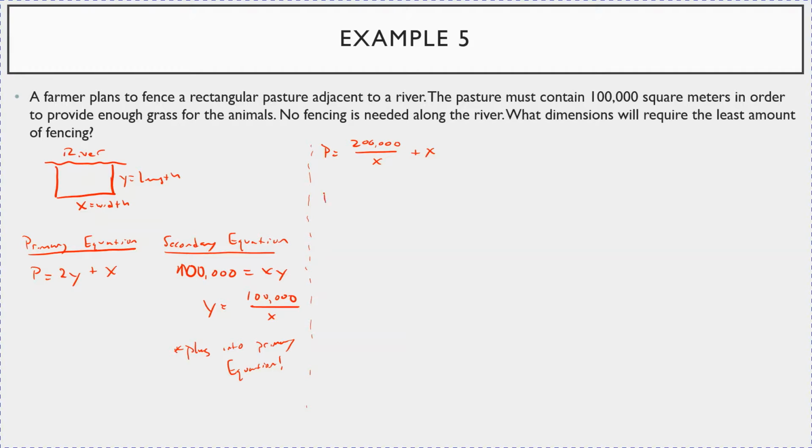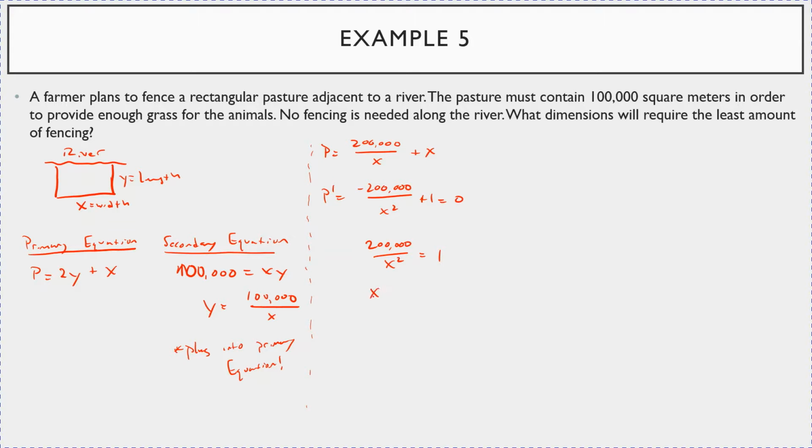Let's take the derivative. Well, bring this up as x to the negative 1. You get minus 200,000 all over x squared plus 1. Set that equal to 0 and solve. So add this over. You get 200,000 divided by x squared is equal to 1.